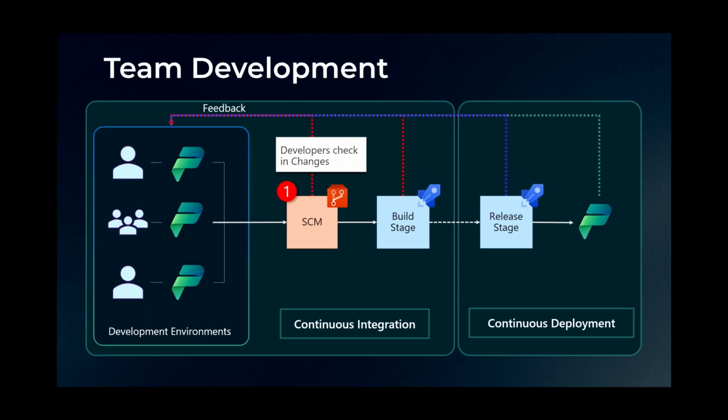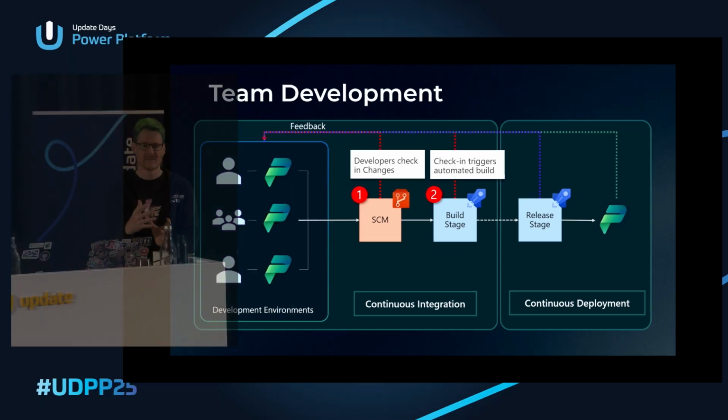But the key is that we're getting all of that development environment, like we saw with the source code, syncing between the solution when we've made a change and seeing that in source code. And then we're going to, again, check that in, and that could then go and trigger an automatic build. So if I create a pull request, I can then actually trigger an automatic build to validate that my code is all building.